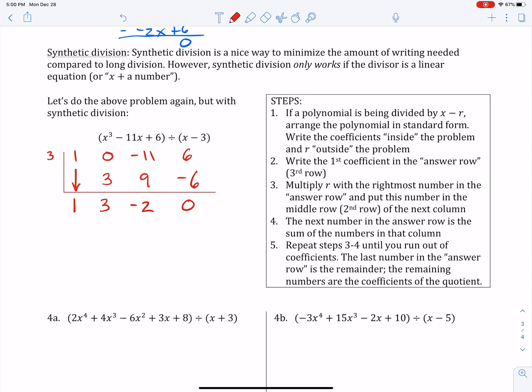So what that leaves us with is our x squared, this is our x to the first power, this is x to the 0 power, and this right here is our remainder. So how do we write our answer?